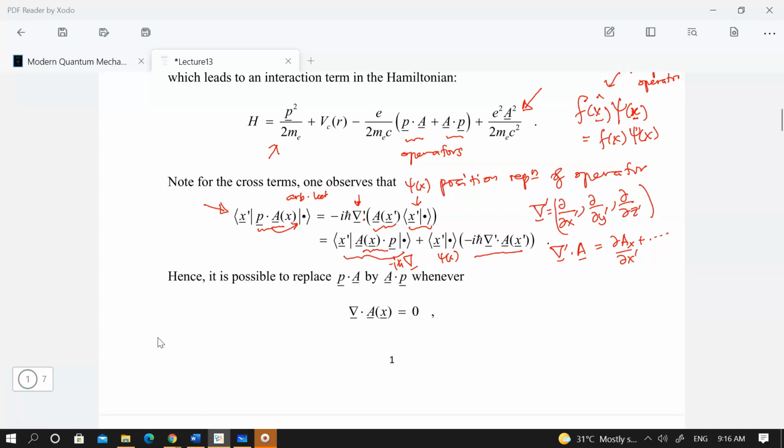If one has this term equal to 0, then essentially your P dot A will be just equal to A dot P. This is essentially your gauge condition.